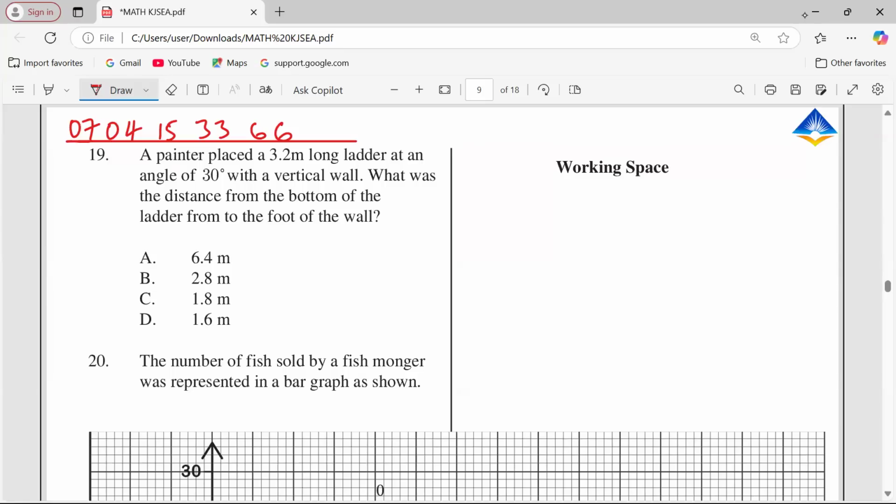So now we have to interpret this as a diagram. Ladder is 3.2 meters long. We have a wall here. For the wall, we have not been given the length, but there is something that we've been given here.